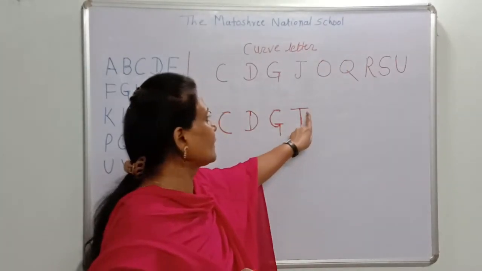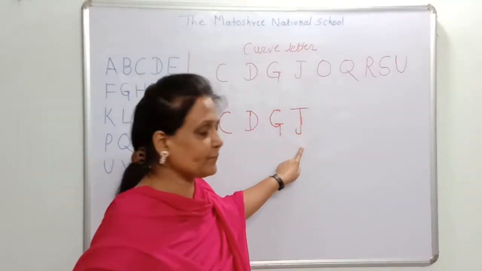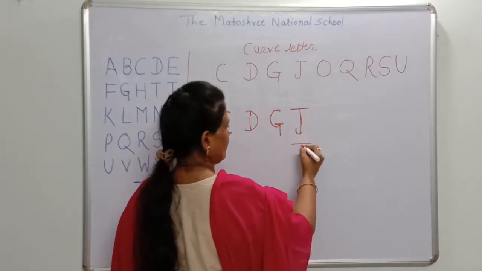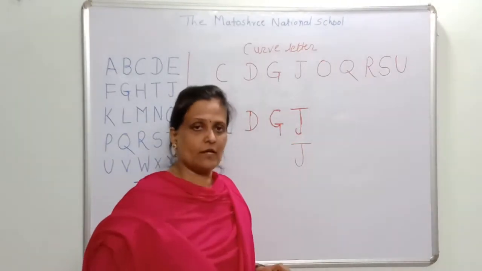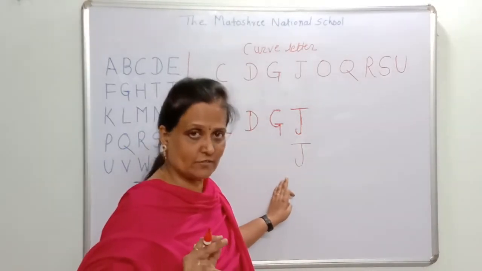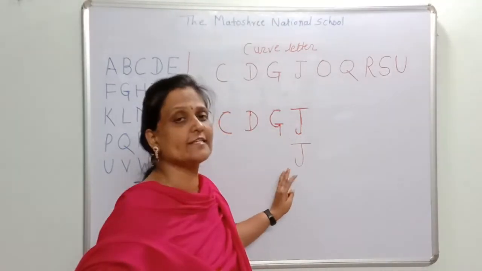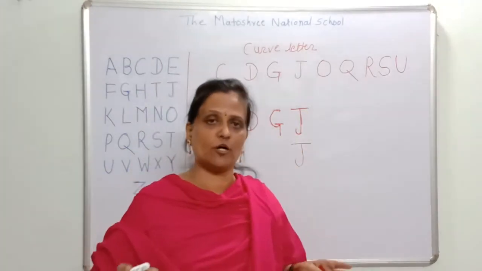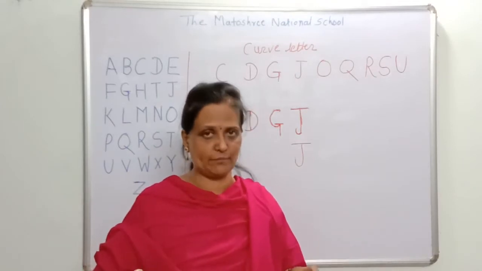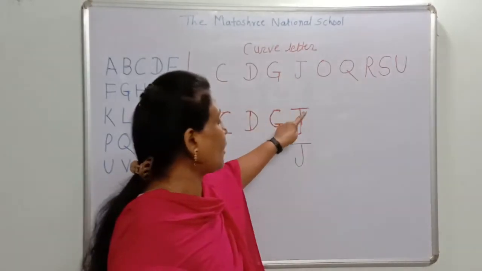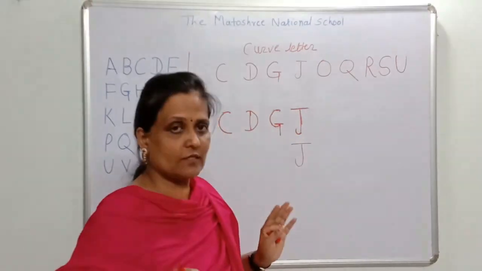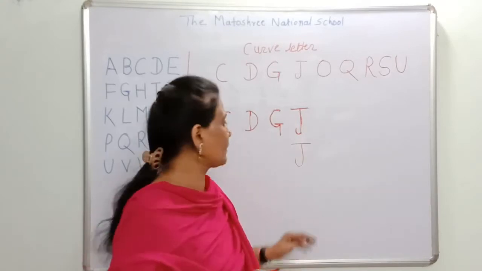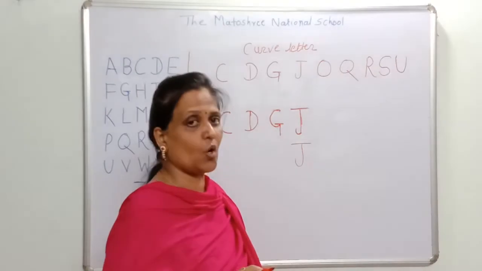You join the curve line to this standing line to make a J. Immediately they cannot write the J, so we have to draw the dots and tell them to join dot to dot. It is very easy to tell them how to draw the J. J says J.